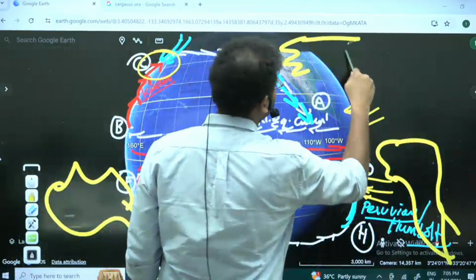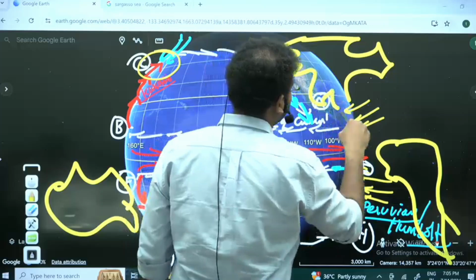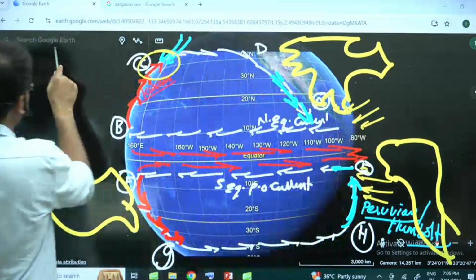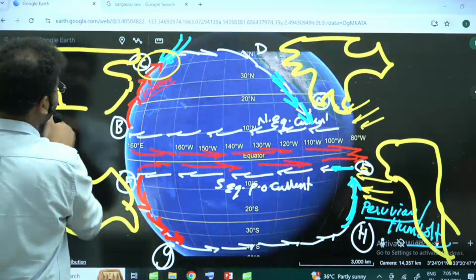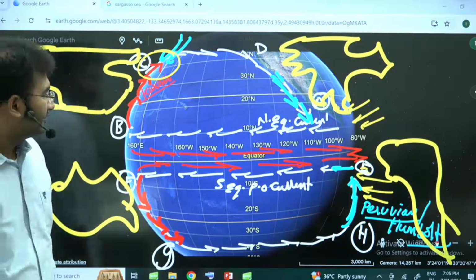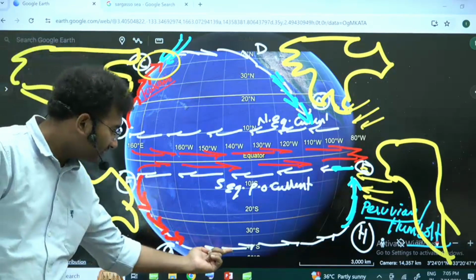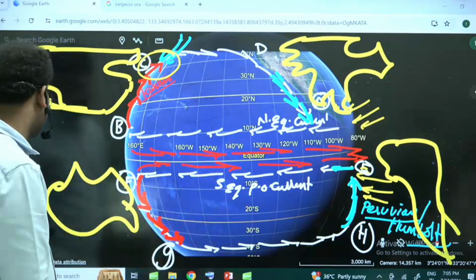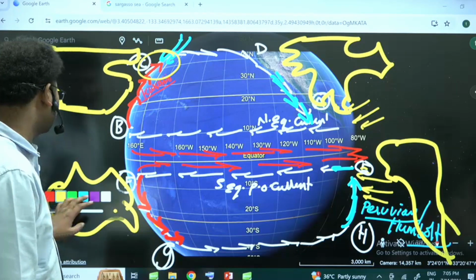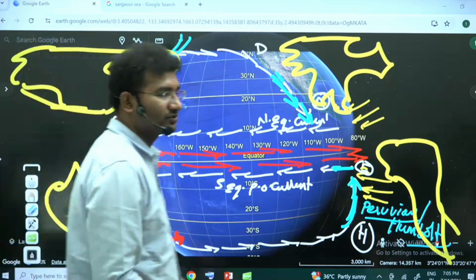This is your North America and this is your Russia, Alaska. Yeah, this is Russia, let's assume. Clear? So in totality, again, the current name in the south is west wind drift. That's it. This is how the names of the ocean currents are given, as usual.